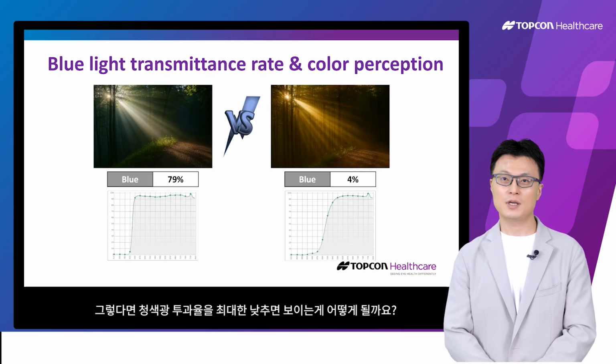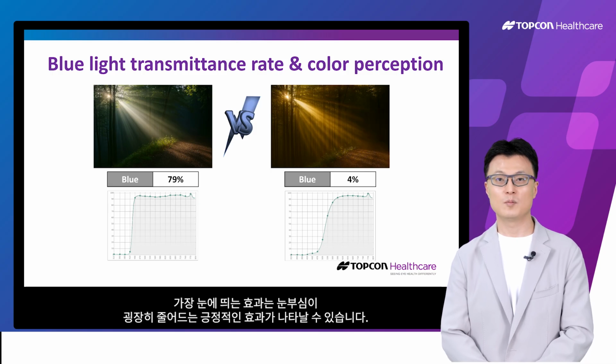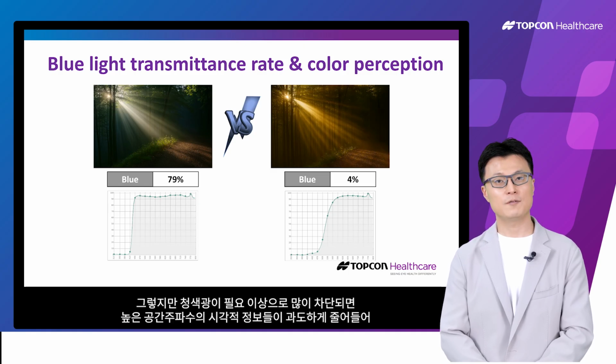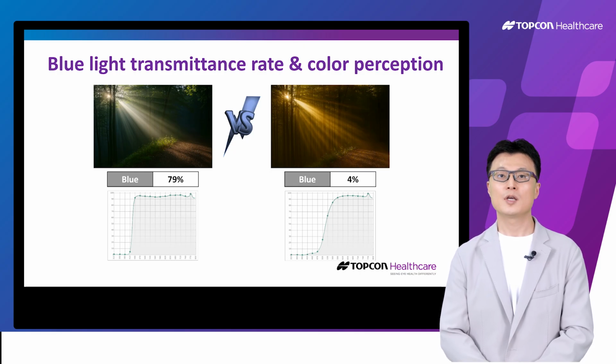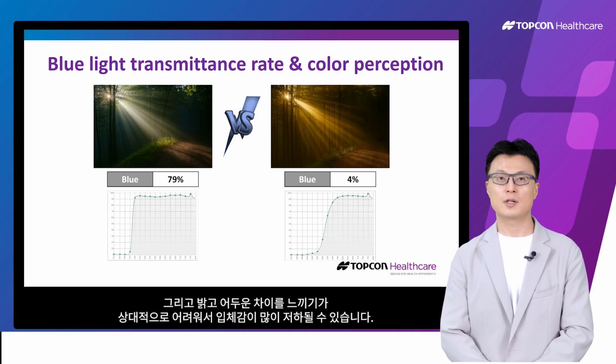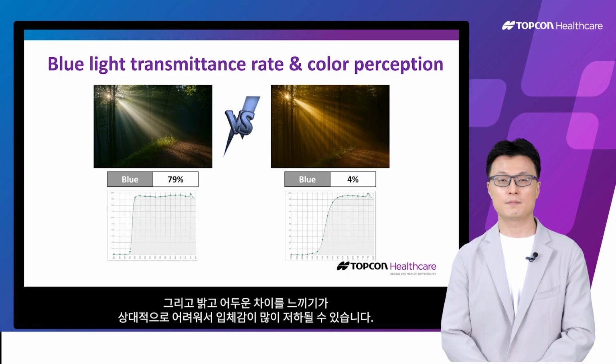So what happens if we minimize blue light transmittance as much as possible? The most obvious benefit is that glare can be dramatically reduced. But if you block too much blue light, you may lose some high spatial frequency visual details in bright conditions, making it harder to pick out fine differences. You might also struggle to distinguish light and dark contrast, reducing your sense of depth.